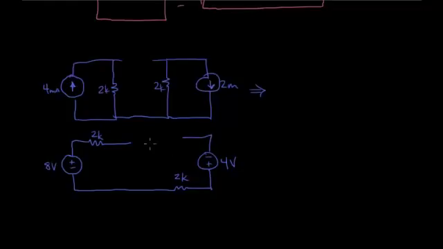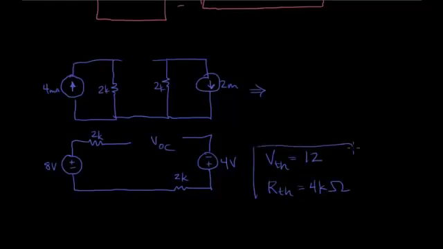Okay, and then this is our unknown that we're looking for. And this is solvable by inspection. We get V thevenin equals 12, and our R thevenin equals 4K ohms. Okay, so using source transformations can sometimes greatly simplify the process when you're dealing with a Thevenin circuit.